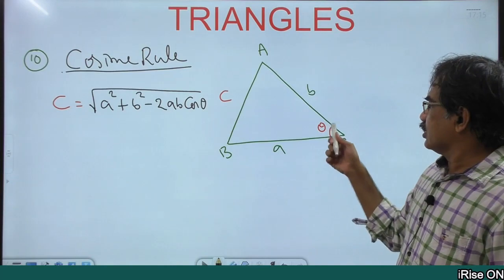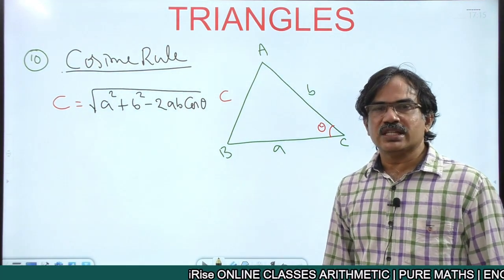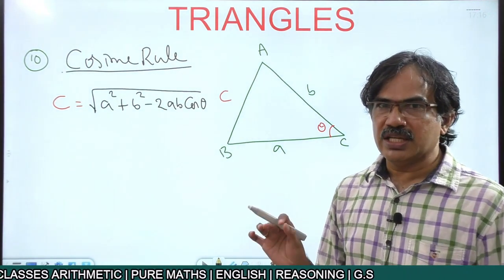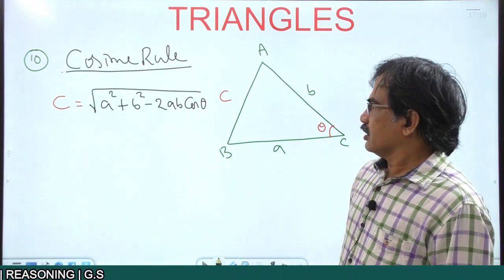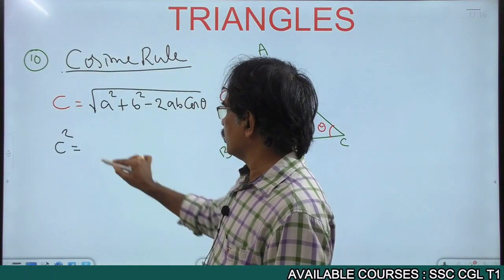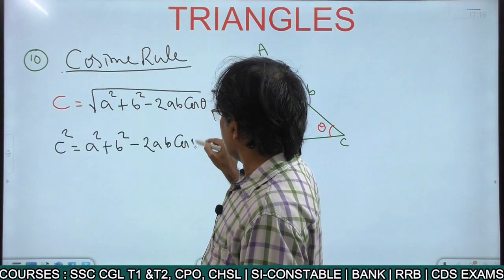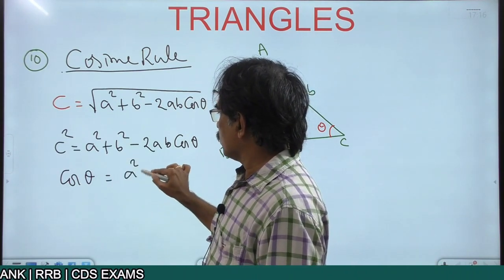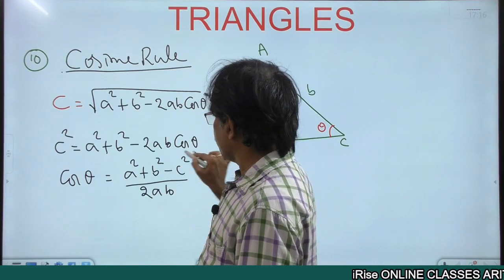Here I want to write this as C square is equal to A square plus B square minus 2AB cos theta. So cos theta is equal to A square plus B square minus C square by 2AB.